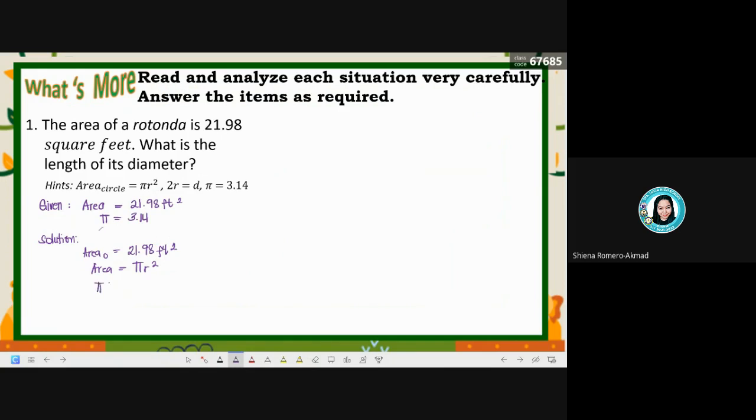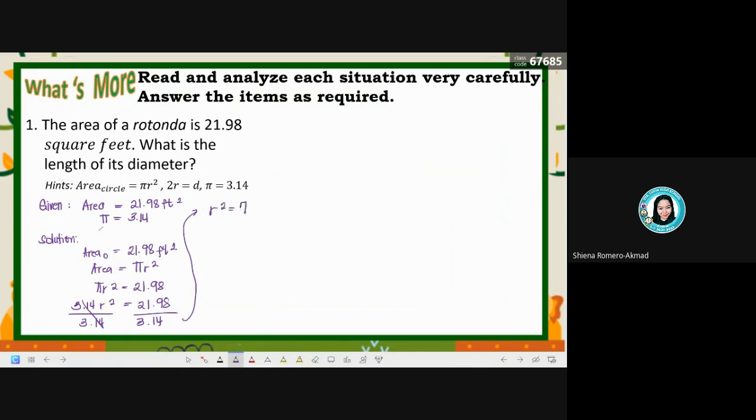So we have pi r squared is equal to 21.98. Then since pi is equal to 3.14, that's 3.14 r squared equals 21.98. Divide natin both sides by 3.14. So r squared, let's proceed here. R squared is equal to 7.